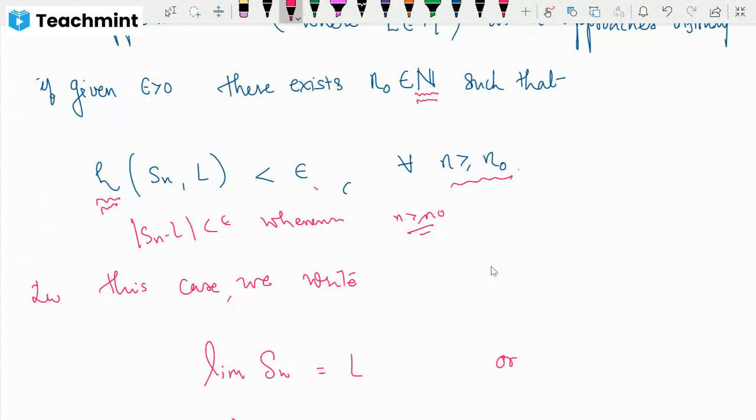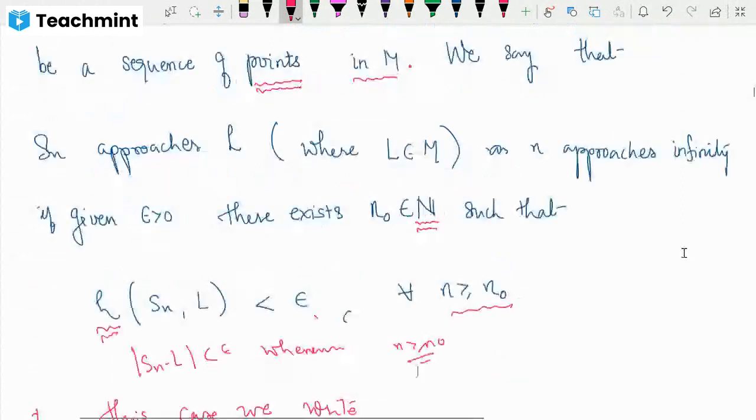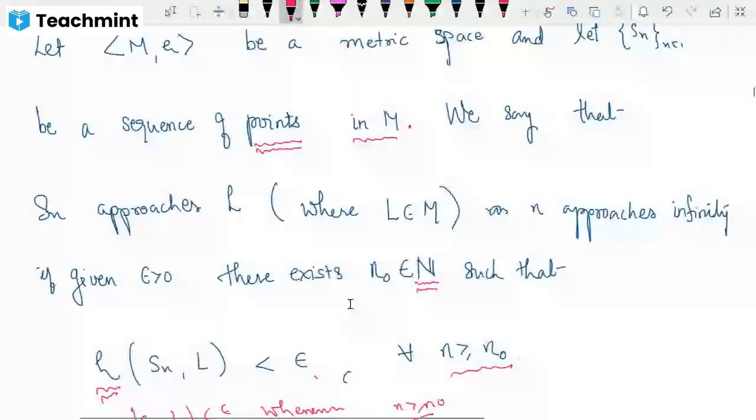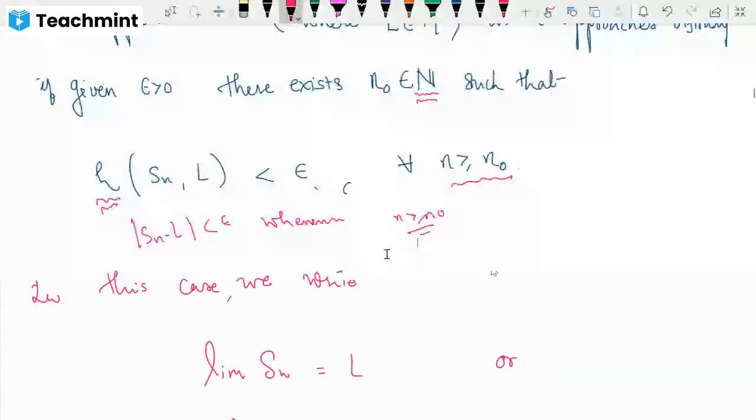Here the sequence Sn is not a sequence of real numbers, but in general a sequence of points of M, and M is a metric space. In particular, if you take M equal to R1, then the definition is nothing but the definition of limit of a sequence of real numbers. So in that case, you can replace the definition in this way. This is the general definition of limit of a sequence.